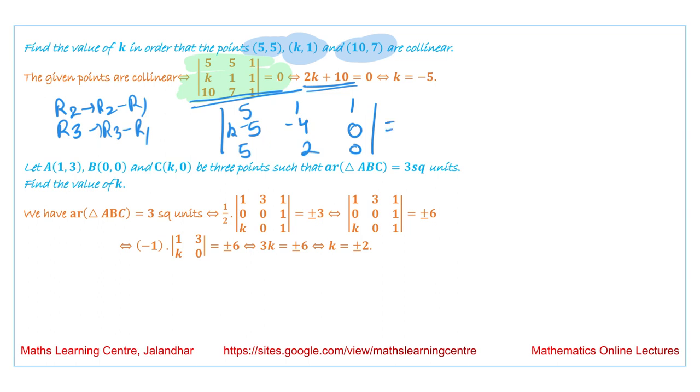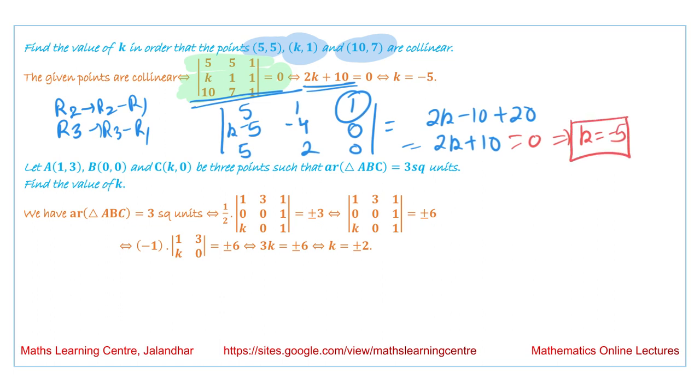So on opening this determinant along the third column, we will obtain 2k minus 10 plus 20, that is equal to 2k plus 10. And it is given that these points are collinear, it means this value is equal to 0. So this implies that the value of k is equal to minus 5.